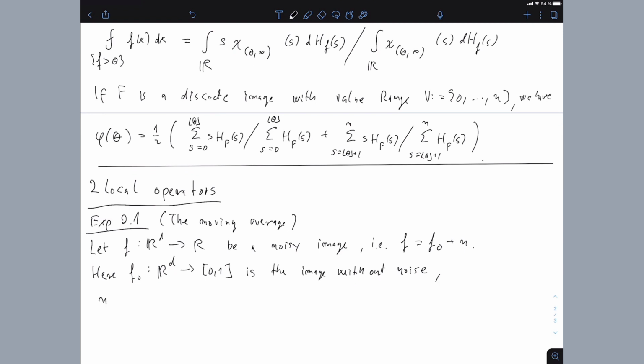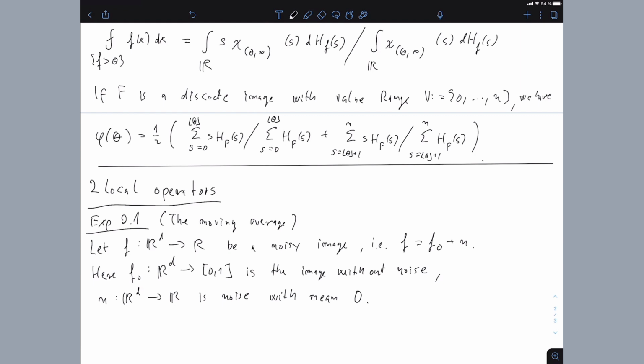And N is the noise. What we need to assume here for this to make sense is that the noise has mean 0. But this is usually a reasonable assumption for most kinds of noise.